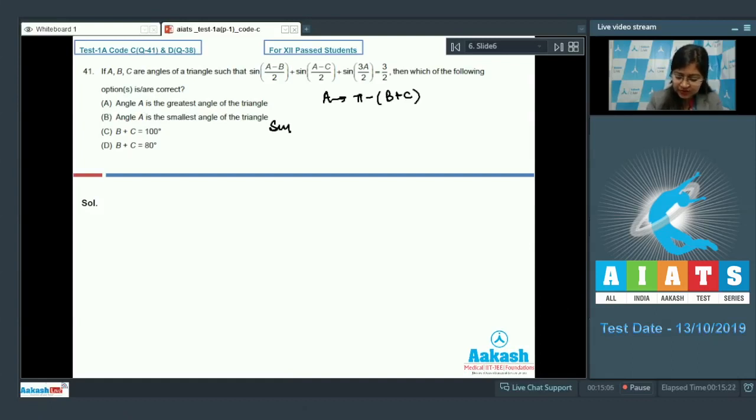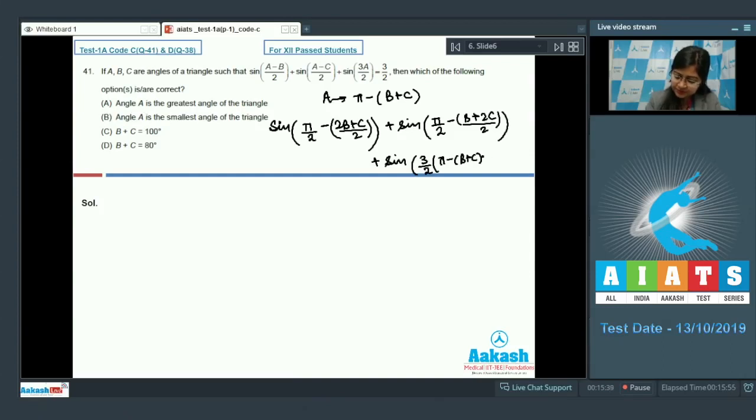So we will get sine of A is pi/2 minus (2B plus C)/2 plus sine of pi/2 minus (B plus 2C)/2 plus sine of 3/2 into (pi minus (B plus C)) is equal to 3/2.